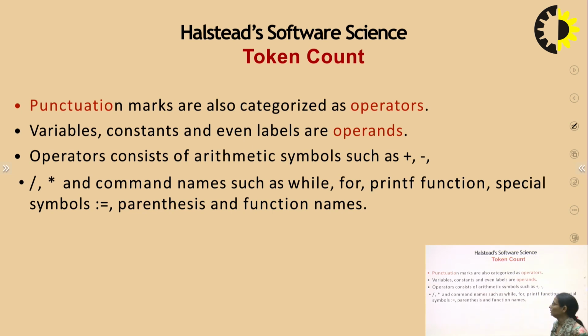Operators are all the mathematical functions. Your slash, asterisk and the command names such as while, for, printf, these are my functions. And some languages support special symbols, parentheses, round brackets, function names, all of which are considered under token count.